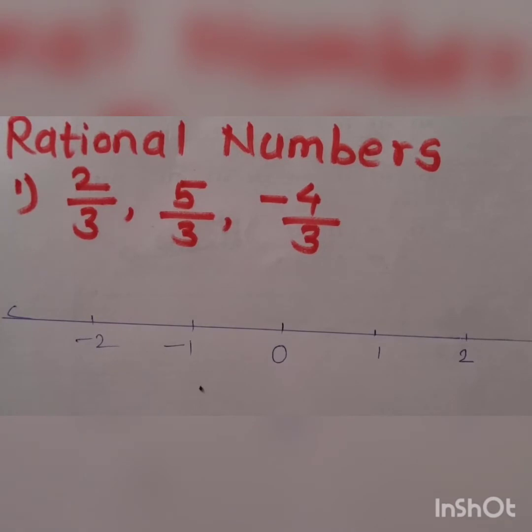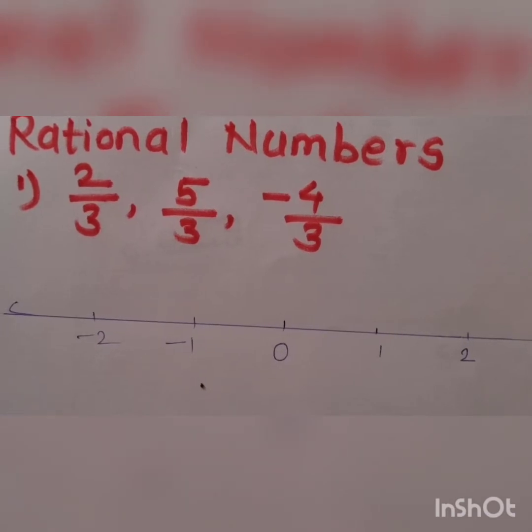Now observe here, we have to show 2/3, 5/3, -4/3 on the number line. Here the denominator is 3, and that's why we have to make 3 parts of each 1 unit distance. Means we have to make equal 3 parts for each 1 unit distance, like this way.